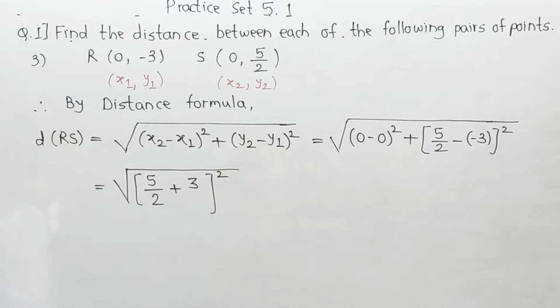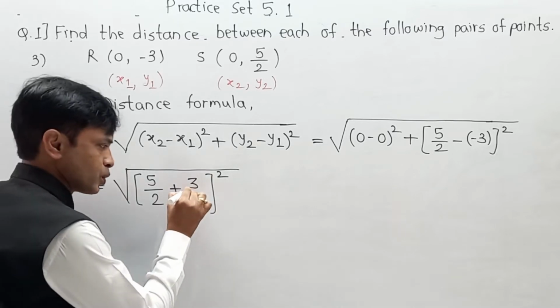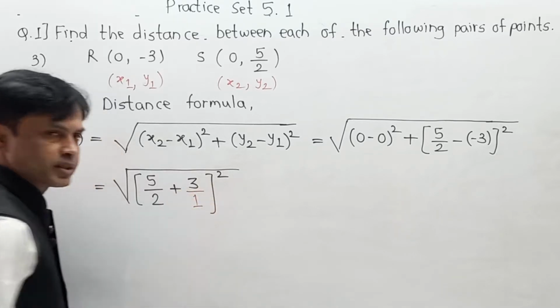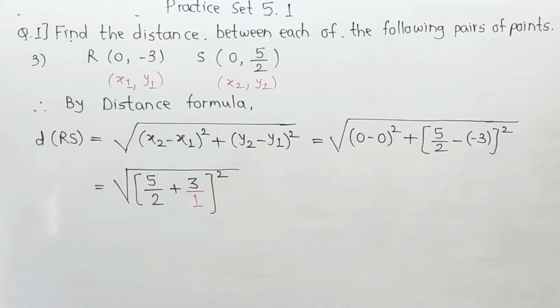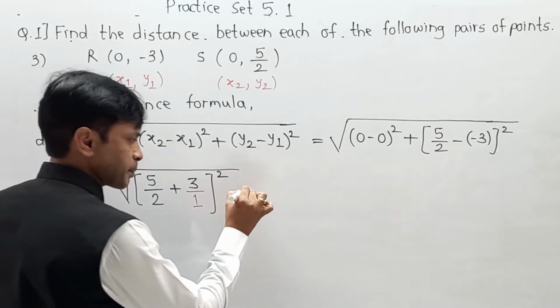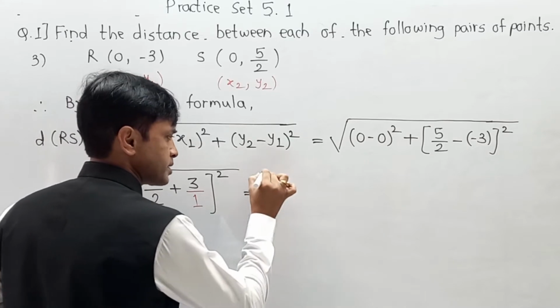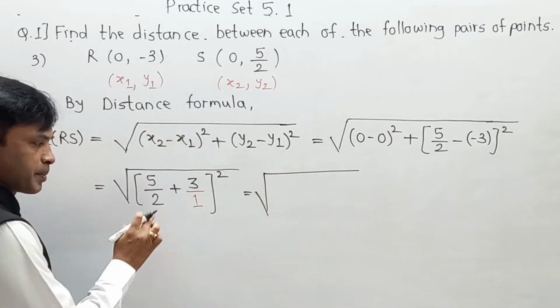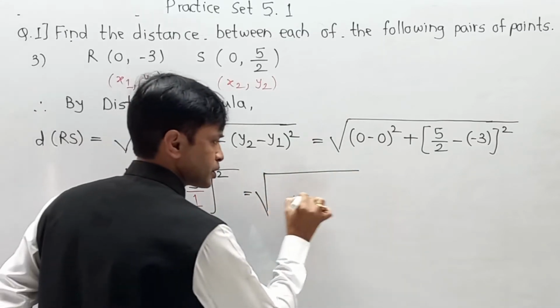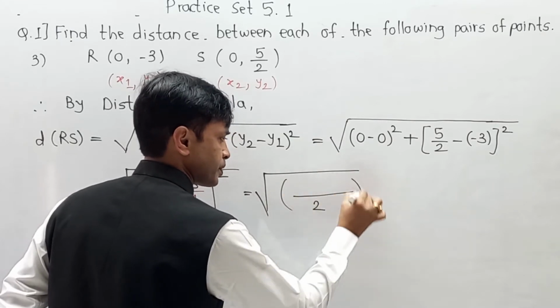Again here there is an important step. There is no denominator for 3, so 3 is nothing but 3 by 1. Simplifying that part, first of all the common denominator is 2 into 1, so the denominator becomes 2.